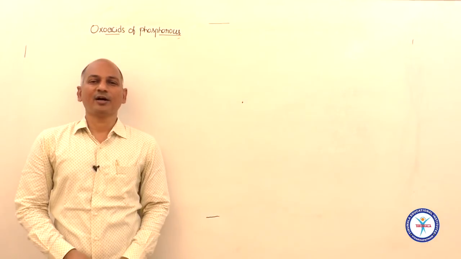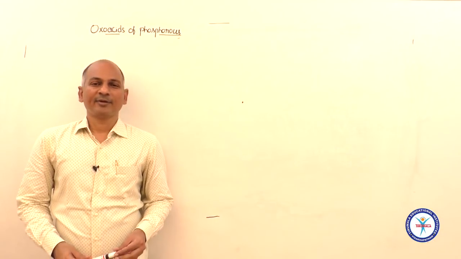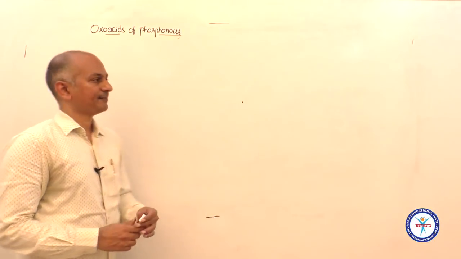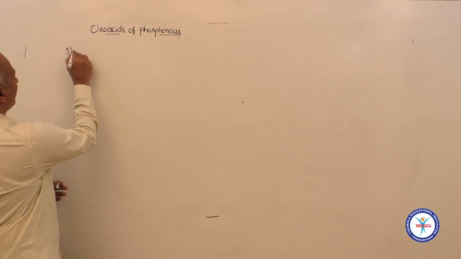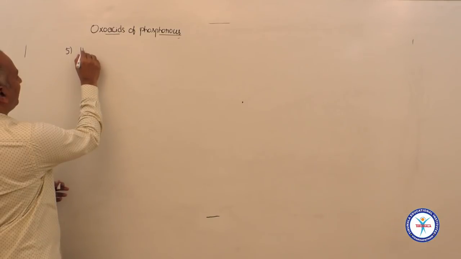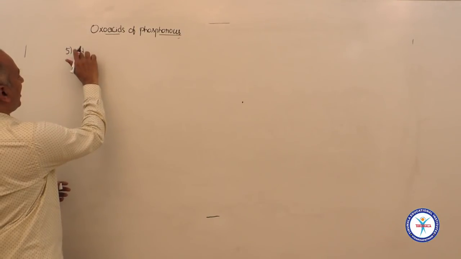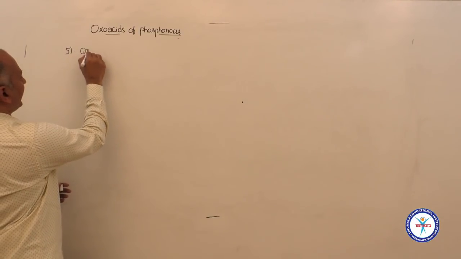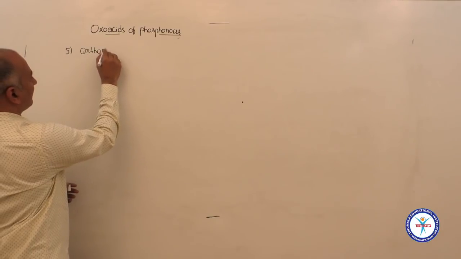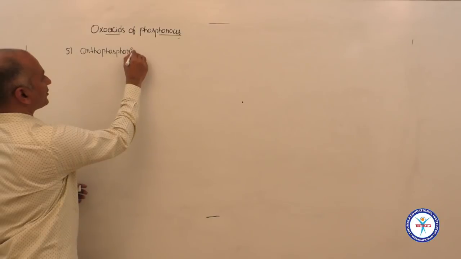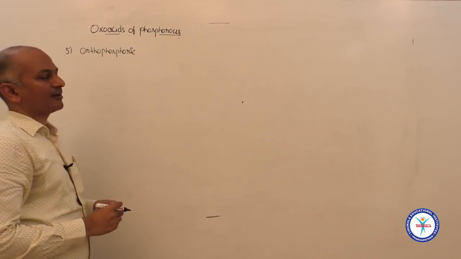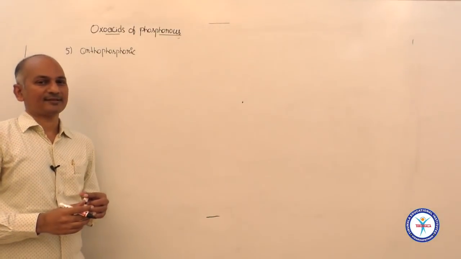Let me continue to the oxo acids. Now let me tell you the rest of the 3 acids. The 5th one is H3PO4, orthophosphoric acid. This is the most important oxo acid of phosphorus, and you frequently come across this.